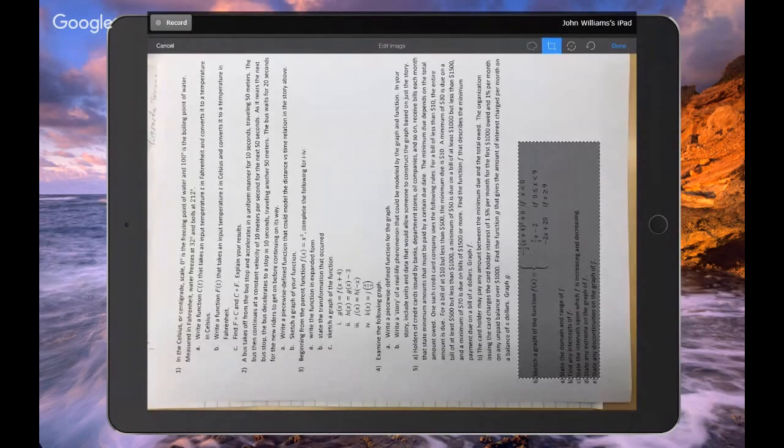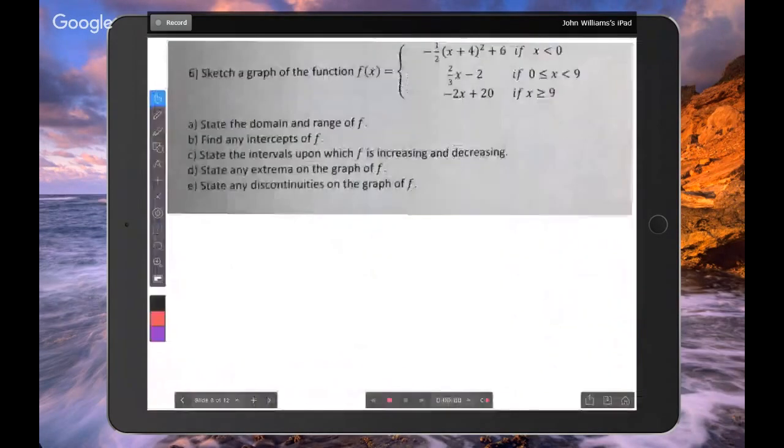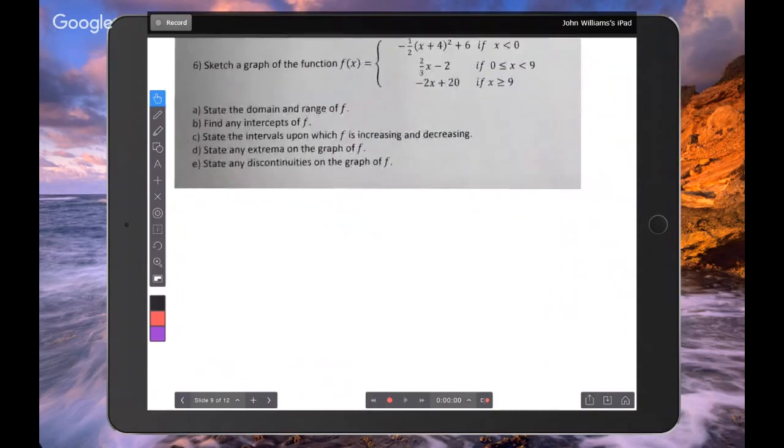Number 6. Sketch a graph for the function f of x equals negative 1/2 (x plus 4) squared plus 6 if x is less than 0, 2/3 x minus 2 if x is between 0 and 9, and negative 2x plus 20 if x is greater than or equal to 9. So let's start by sketching the graph. Again, I want graph paper.